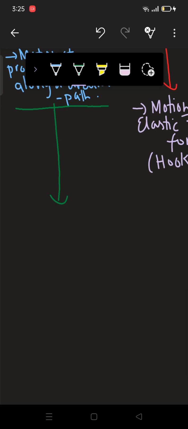Now see, I'm making a circle here so that I can explain this to you. See how we have a connection between uniform circular motion and simple harmonic motion. I'll try to explain this in a very simple way so that the concept is clear to you, right? Now if I make a circle here, and here I am making a surface, right? So this is a surface, and here I have made a circle.